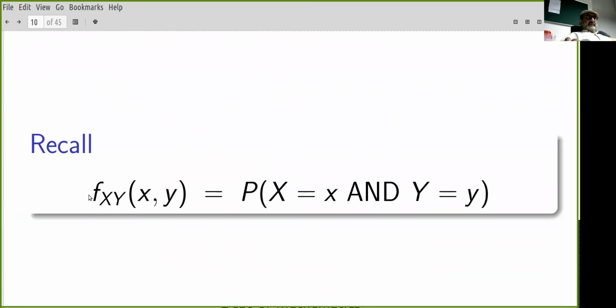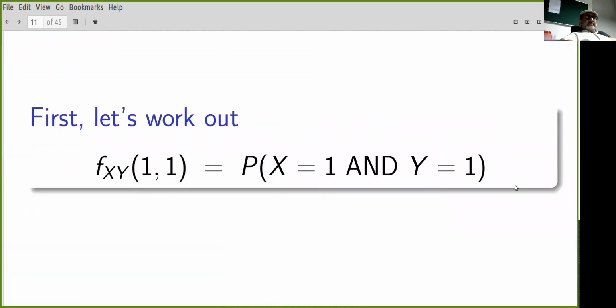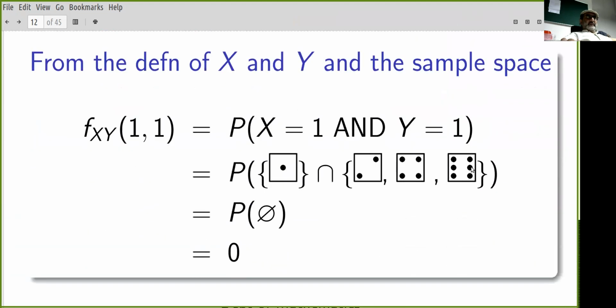You should recall that the joint PMF evaluated at x and y is the probability that X is equal to small x, and at the same time that Y is equal to small y. Let's work this out for a few terms. The joint PMF evaluated at 1, 1 is the probability that X equals 1 and that Y is equal to 1.